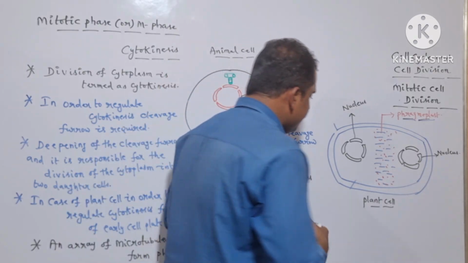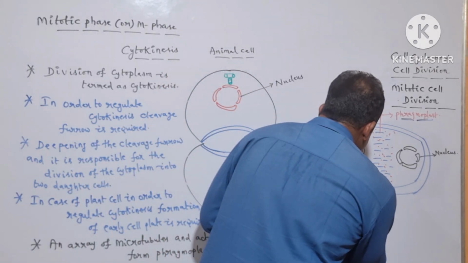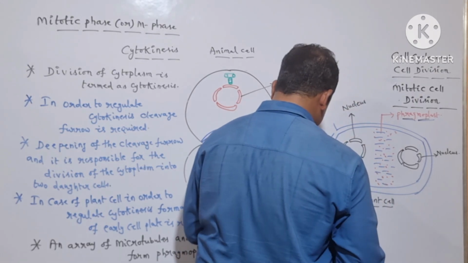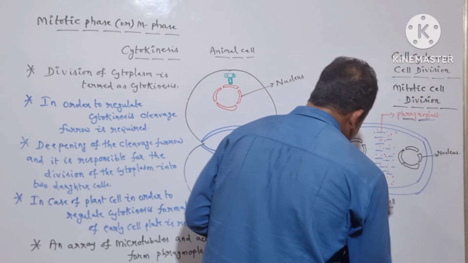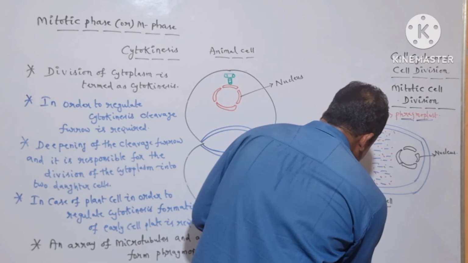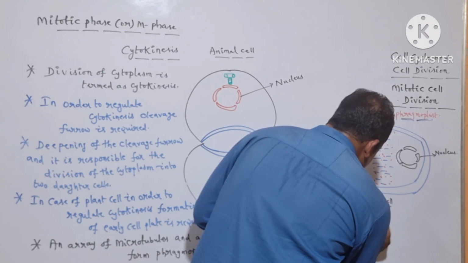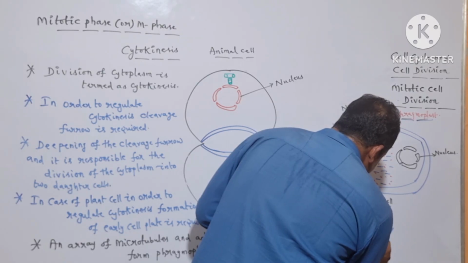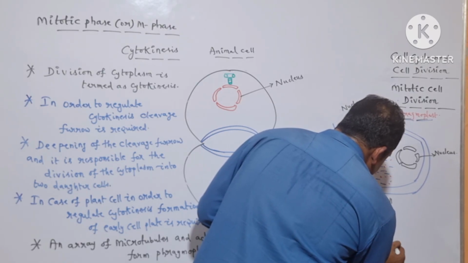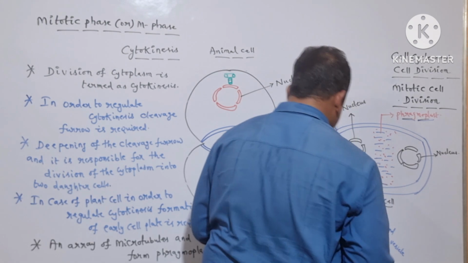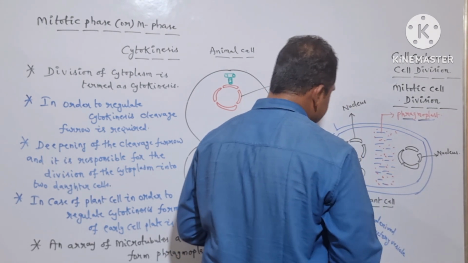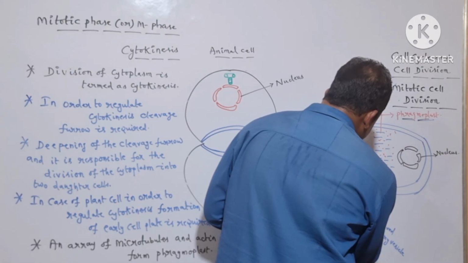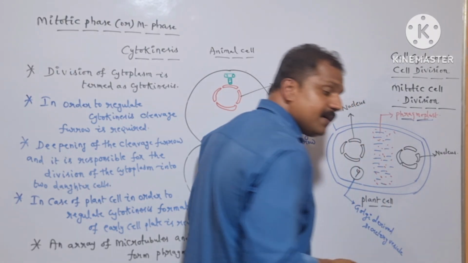So let me show it here. It is nothing but the Golgi derived secretory vesicle. Within the Golgi derived secretory vesicle there is a cell wall precursor. Is it clear? The cell wall precursor is nothing but cellulose.